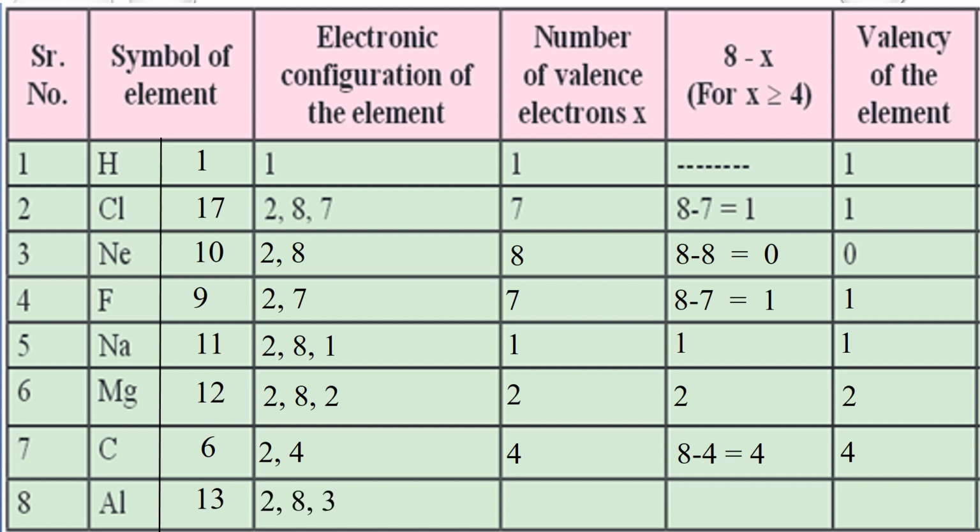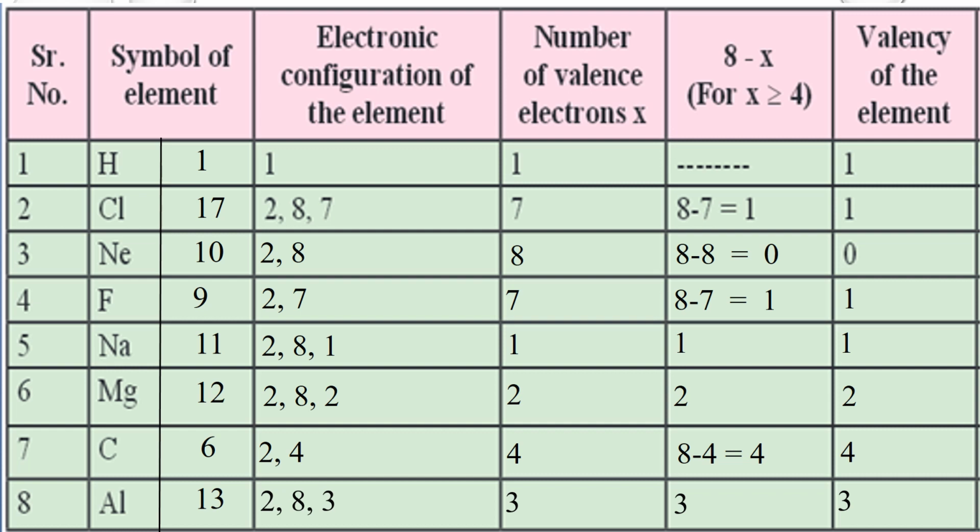So 3 is my last number, or 3 electrons are present in the outermost shell or the valence shell. So 3 becomes my valence electron. There is no need of using the formula because 3 is less than 4. So you directly write that 3 is the valency of the element. So aluminium has a capacity to form 3 chemical bonds with another atom during any chemical reaction. I hope this is clear, it's actually very simple.